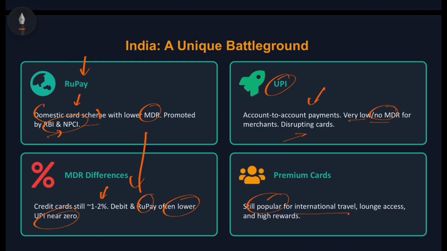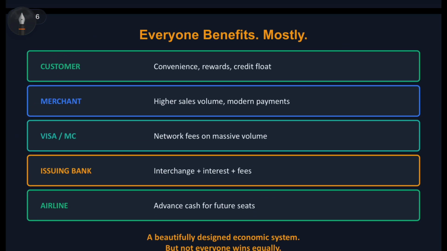Talking about premium cards, they are still popular for international travel, lounge access, and high rewards. So, when we're talking about the prospect of customers who actually own the credit card, they get convenience out of it, they get rewards, and they get credit float, right? You have to pay after 30 or 45 days. The merchant is actually having a higher sales volume because the pain of paying is reduced.